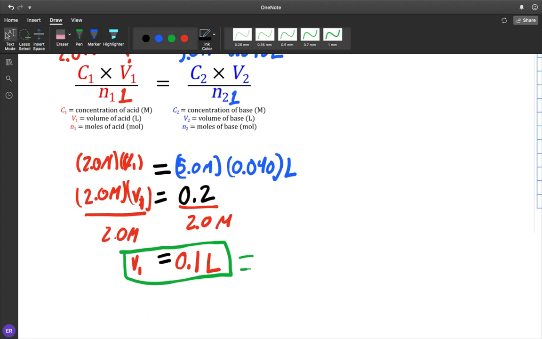So 0.1 times 1,000, and that's going to be 100 milliliters. So both of these are correct. All right, and that's how you solve for question number 5.